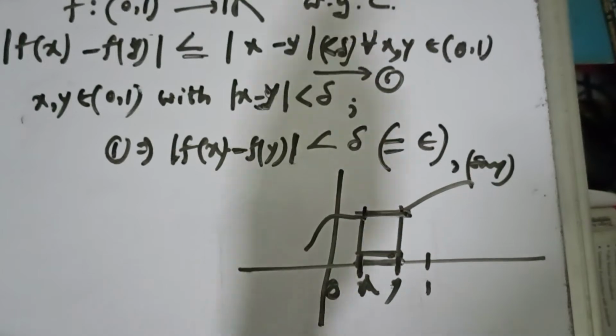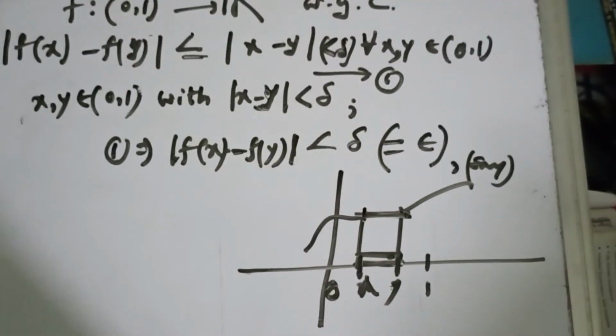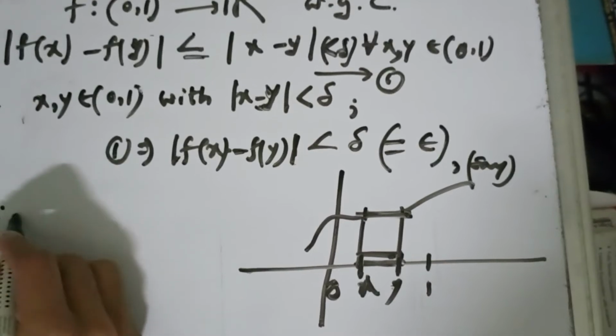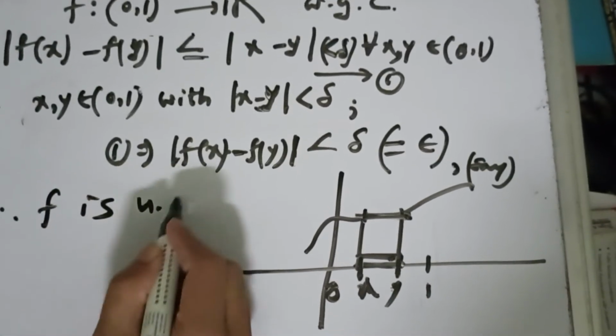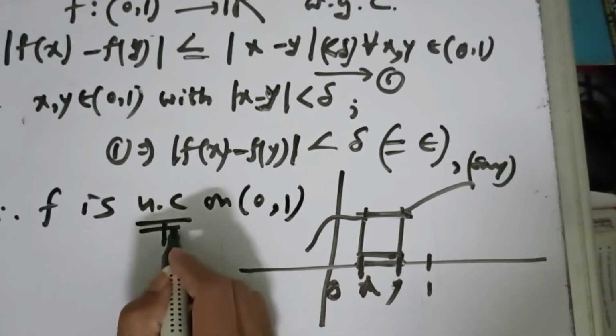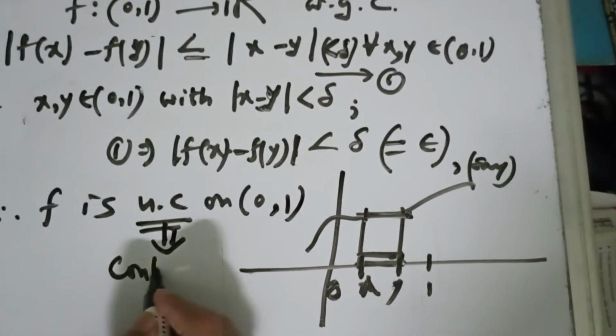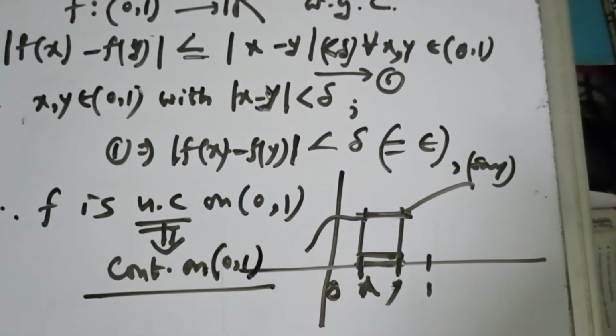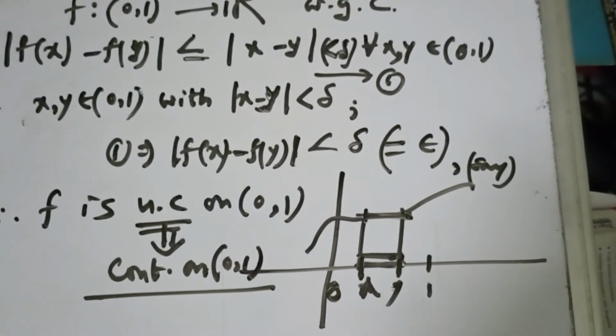This is the condition of uniform continuity, right? So we can say that f is uniformly continuous on (0, ∞). We all know that if a function is uniformly continuous, then it directly implies it is continuous. So f cannot have any point of discontinuity.